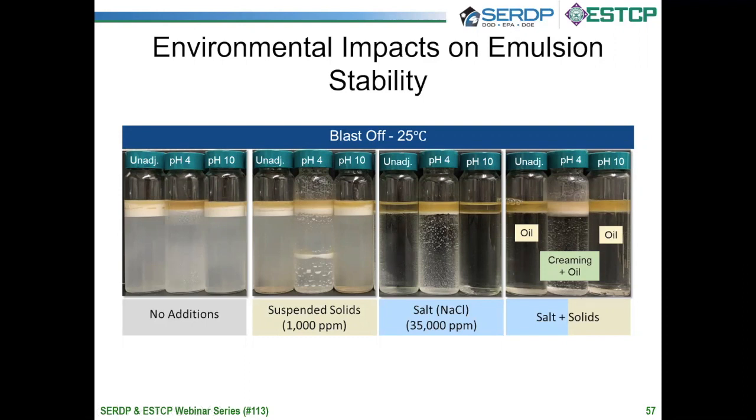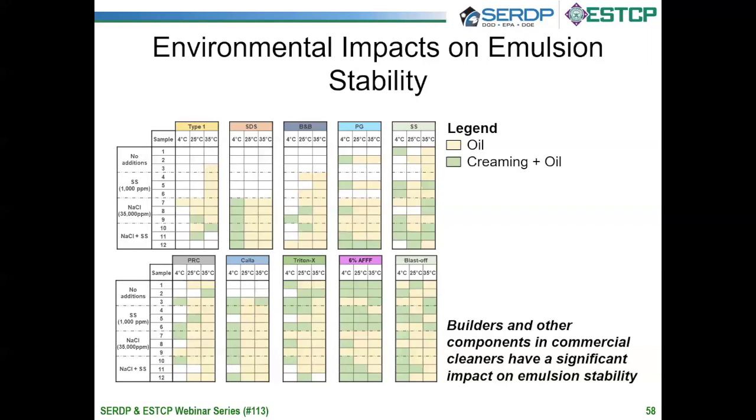So extending that data out, you can see in the diagram here, we have each type of cleaner and also their relative stability determined by oil or creaming in oil. Essentially, if you see less white, then it is less stable.